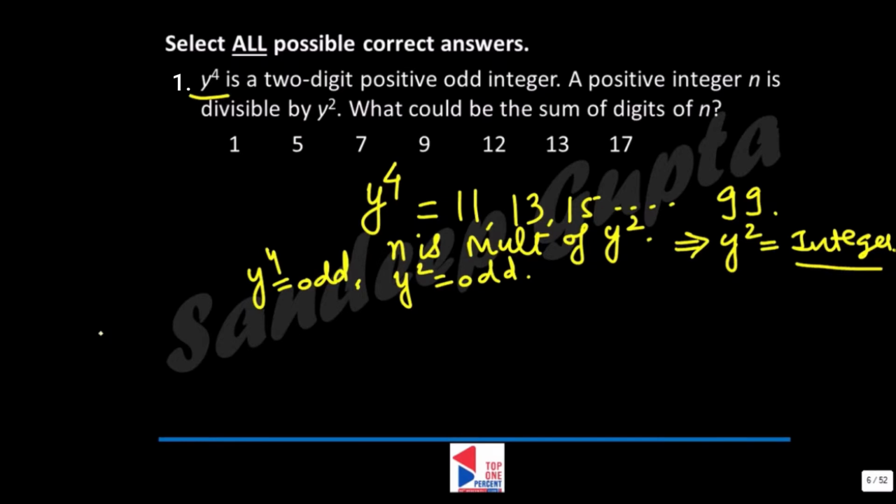So now let's see what all possibilities exist for y square. y square could be equal to 1, but y to the power 4 must be a 2-digit odd number.